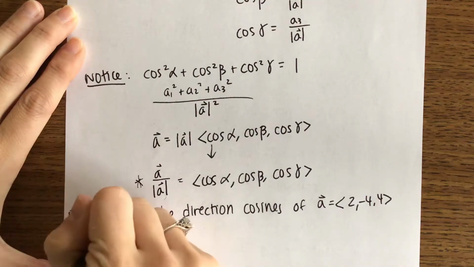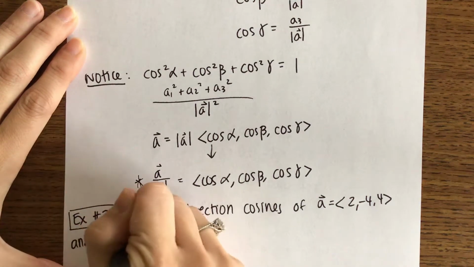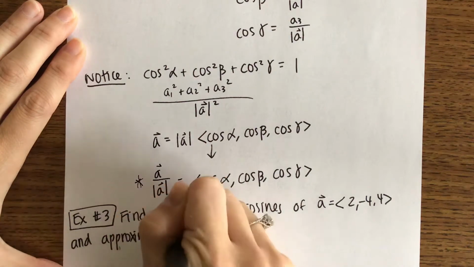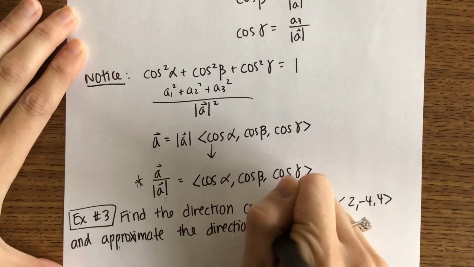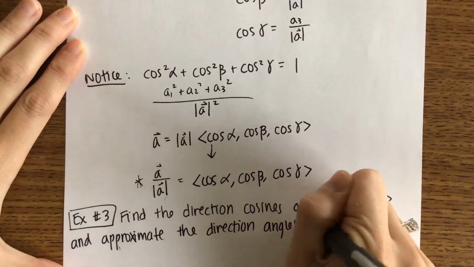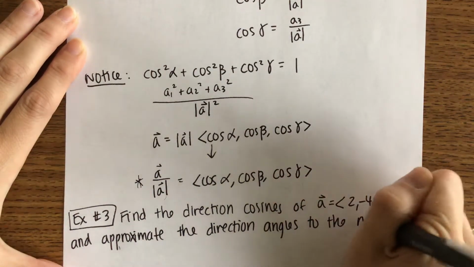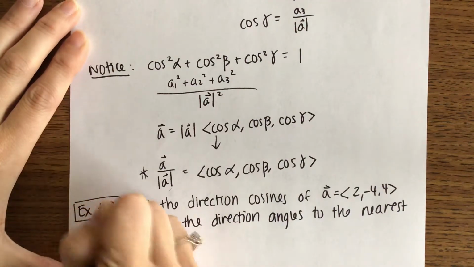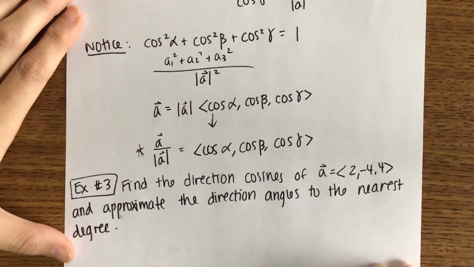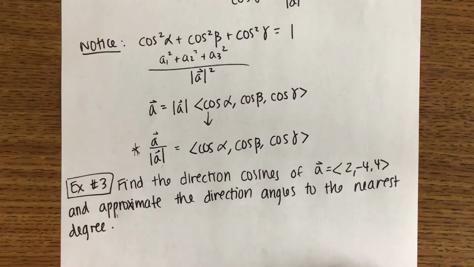And then I want you to approximate the direction angles to the nearest degree. You are going to do that on your own. Take 3 or 4 minutes and see if you can come up with the direction cosines and then the direction angles.